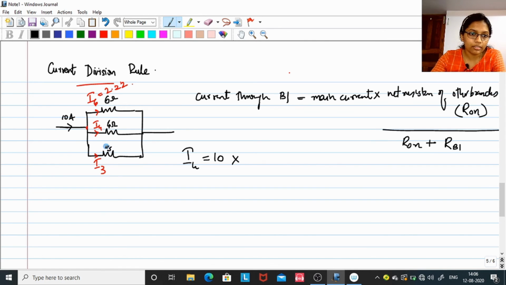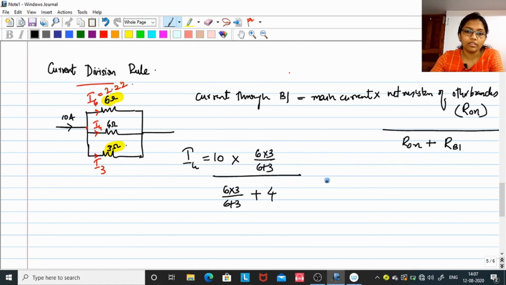When you are considering this 4 ohm, the other branches' resistances are 6 ohm and 3 ohm. So the value is 6 into 3 divided by 6 plus 3. This value must be copied here, 6 into 3 by 6 plus 3, plus 4, giving 3.33 amps.